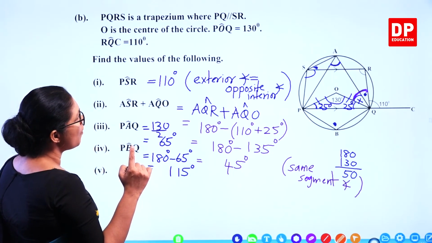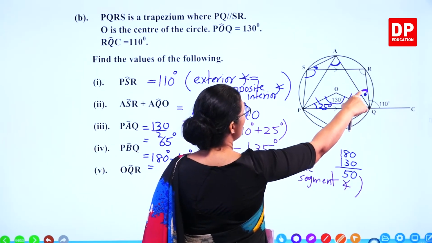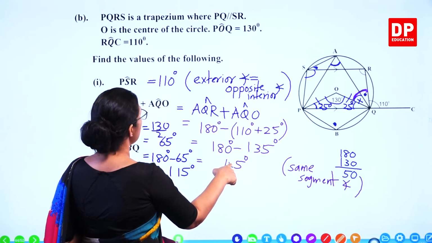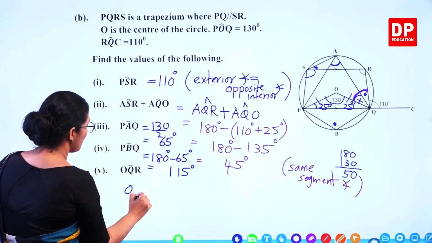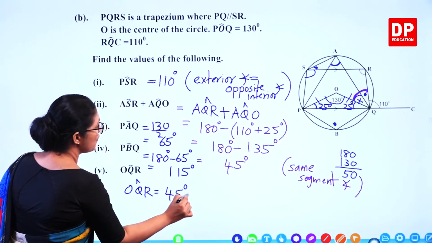Then OQR. OQR we found before. OQR is the same as this one, AQR plus AQO, that's 45. So OQR is 45 because we found that before.